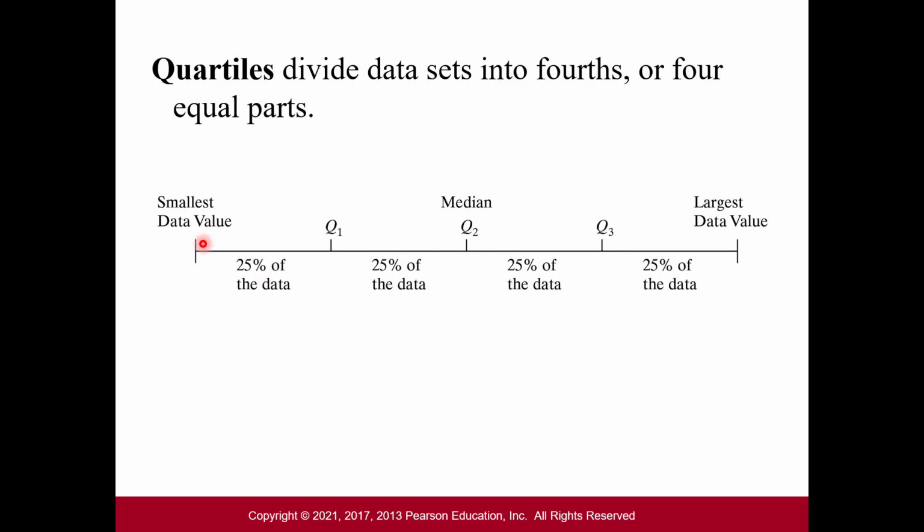So we have our smallest data value at the starting point, and then in quartile 1, 25% of the data. Between quartiles 1 and 2, another 25% of the data, and so on between quartiles 2 and 3, and 3 and 4. And if you're at quartile 3, notice 75% of the data is less than quartile 3.